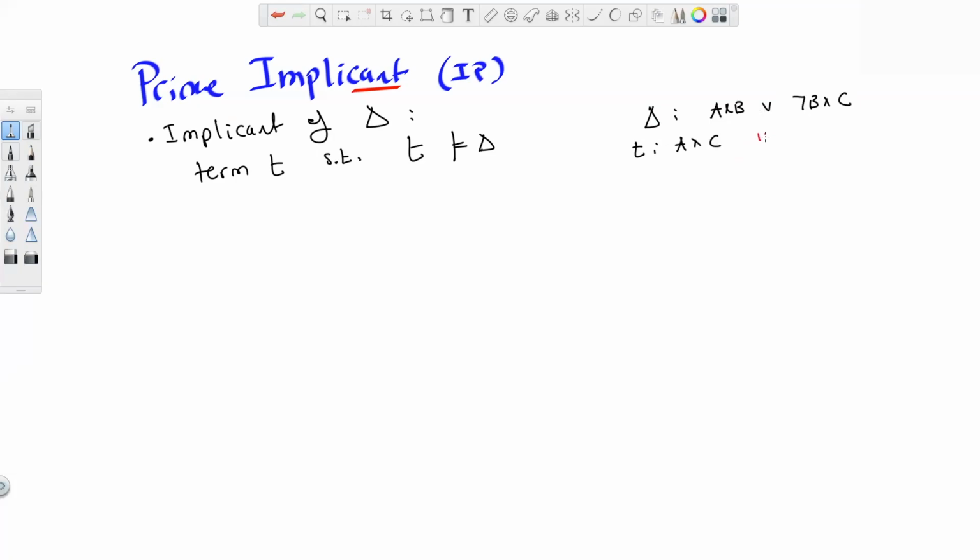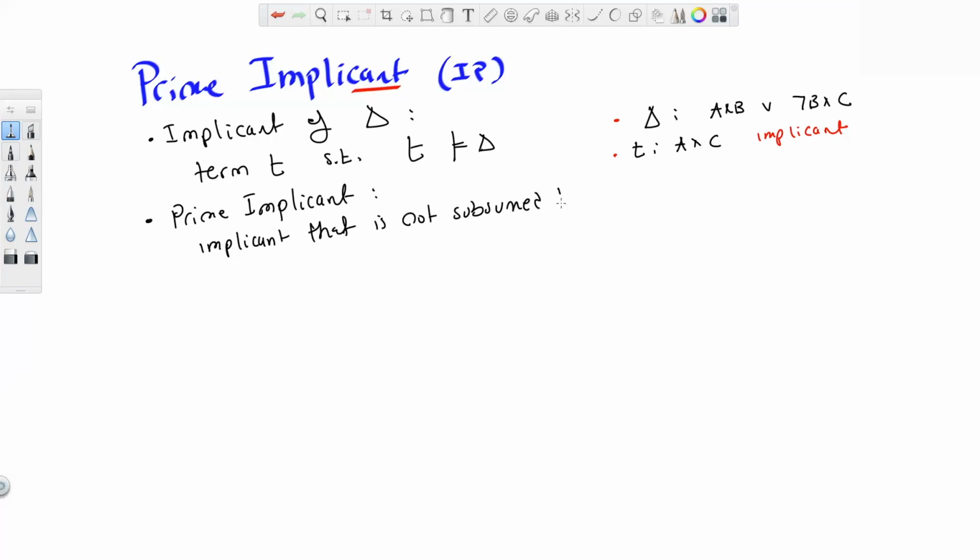So this is an example. And let me just give the definition of a prime implicant. And basically, as you would expect, this is an implicant that is not subsumed by any other implicant. All right, that's basically the definition.